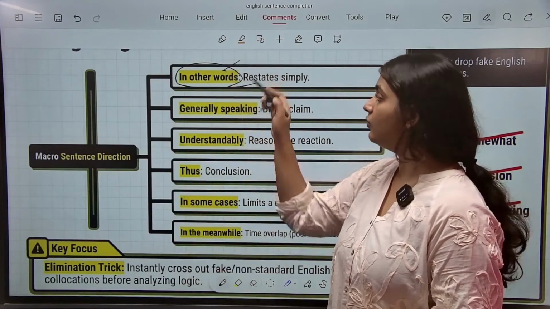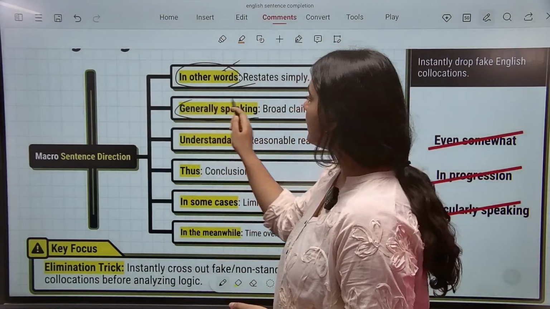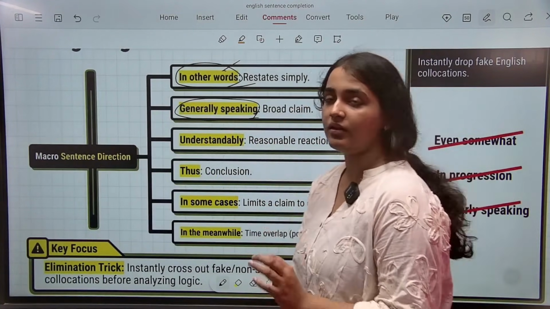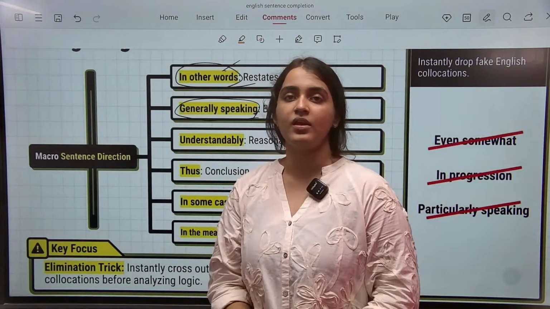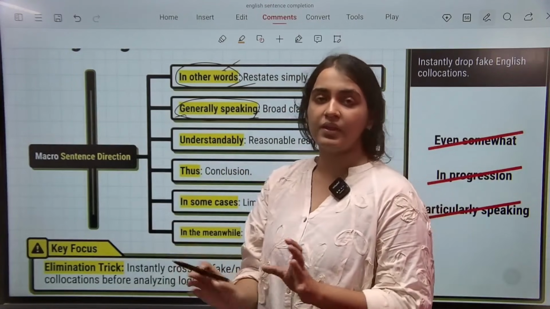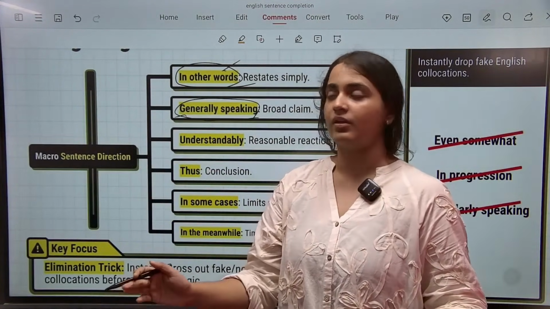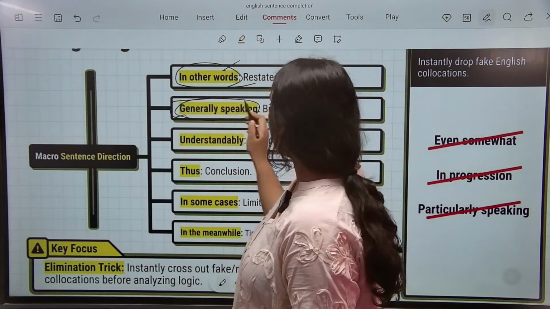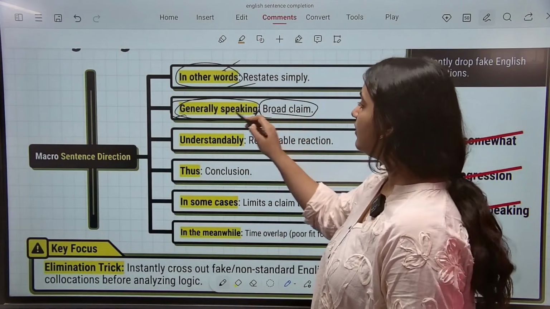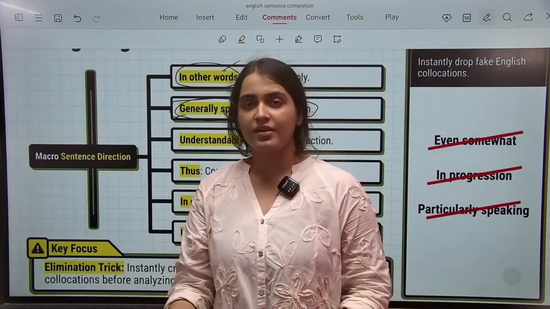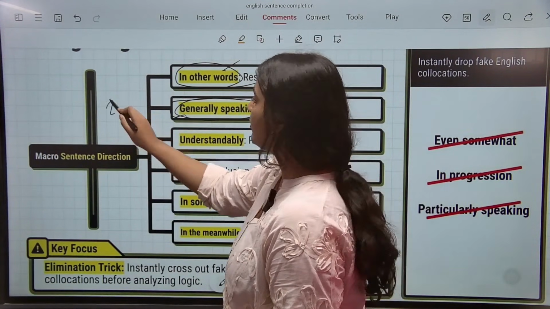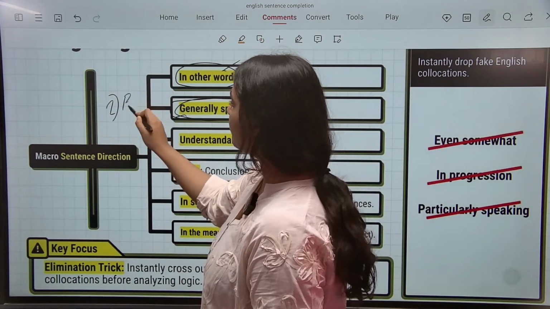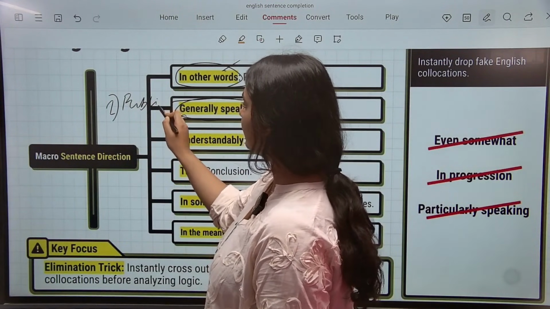Generally speaking means there is not a specific thing you want to say. You're just saying something in a very general way. It's a broad claim. This also means that the public says it. It's what the general public says. You can say it like that.